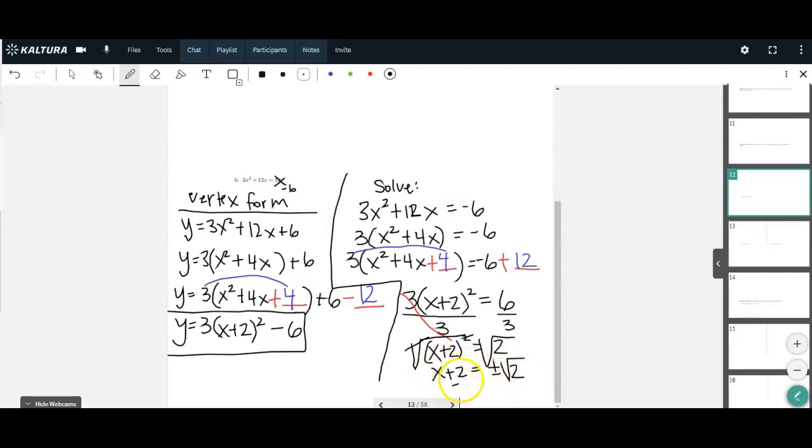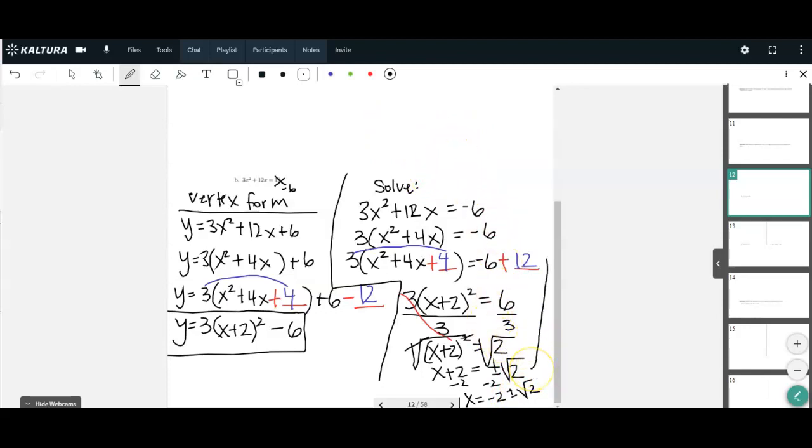And then the last thing I need to do is just subtract my negative 2 over. So I've got x equals negative 2 plus or minus the square root of 2. And then if you change this to decimals, I asked you to kind of do that.